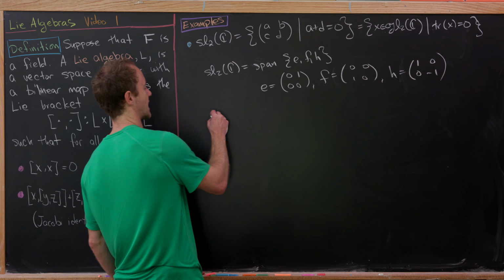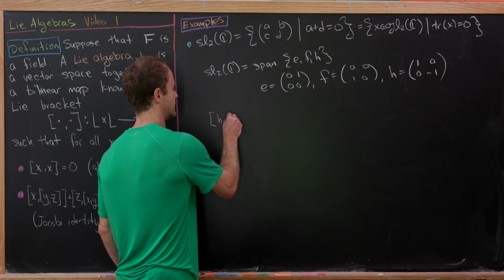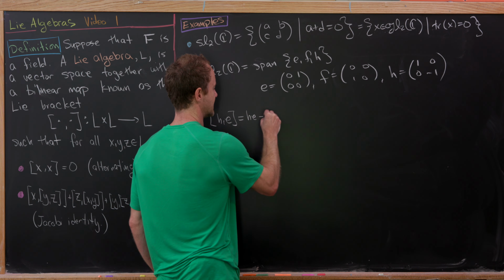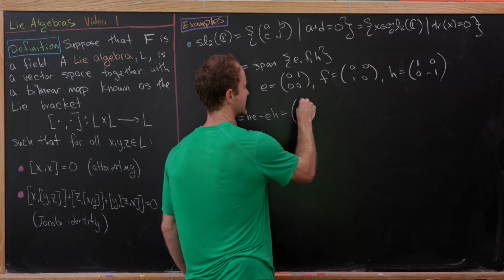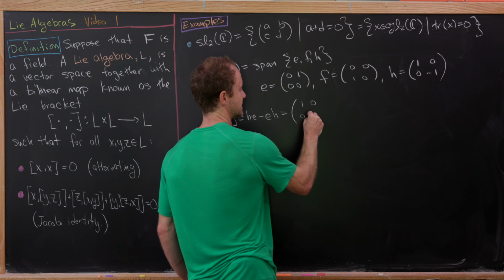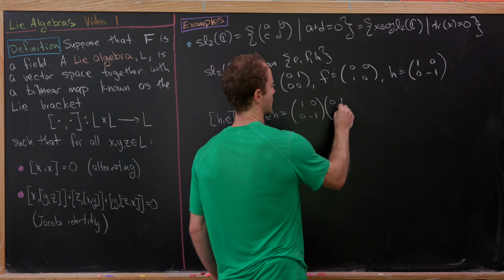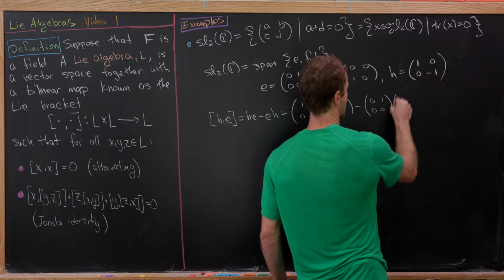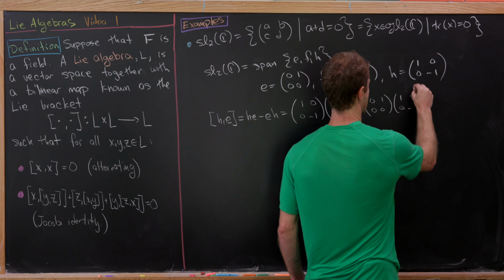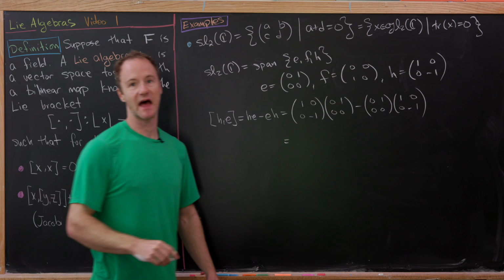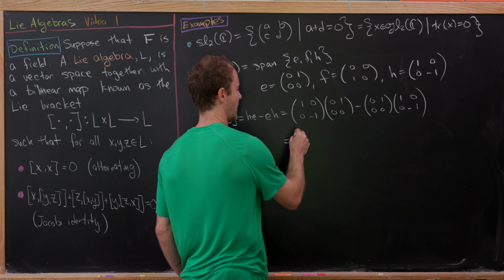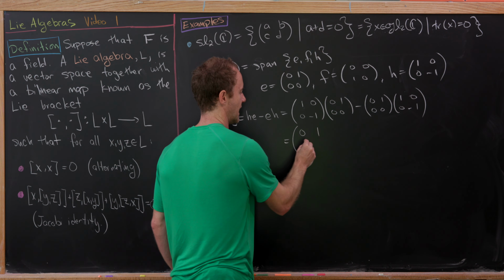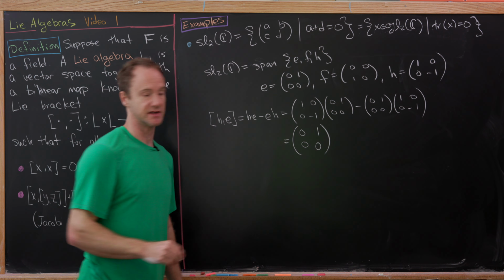Okay, so let's do some calculations. So let's do H with E. So that's going to be HE minus EH. So writing this out, we have 1, 0, 0, negative 1, and then 0, 1, 0, 0 minus 0, 1, 0, 0 times 1, 0, 0, negative 1. So let's see what that does. So multiplying this in, we have 0 here, and then we have a 1 here, and then we'll have zeros in these entries.